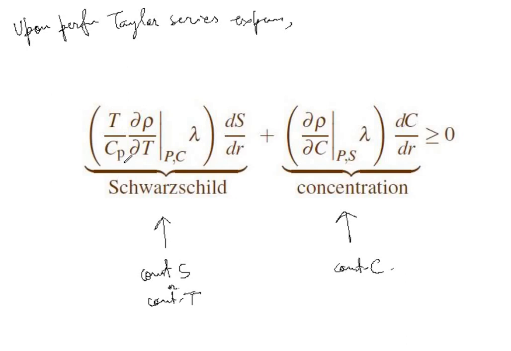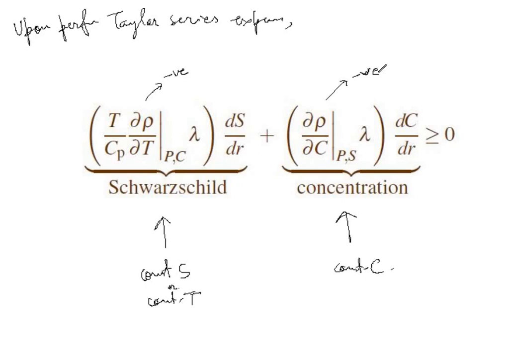So as I was saying, the first term is as for Schwarzschild, and the second term arises because of the assumption of no composition change. Now usually both partial derivatives are negative. These two are both negative. This one is also negative and this one is also negative.